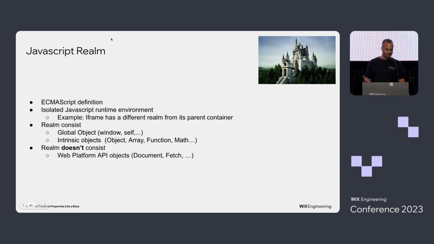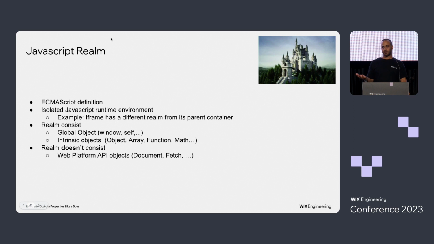It's like window, this, or self, or anything. And intrinsic objects, which are the native objects of JavaScript. What doesn't exist are Web APIs, such as fetch, document, and every object that's related to the web. But basically, this is the realm. It's like the context that runs the JavaScript code.